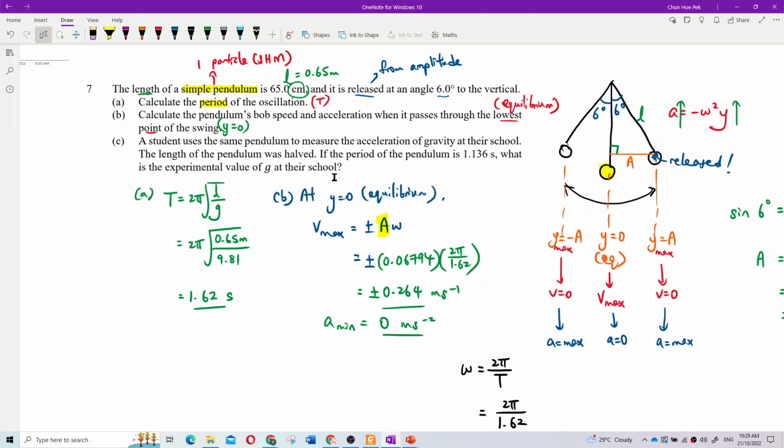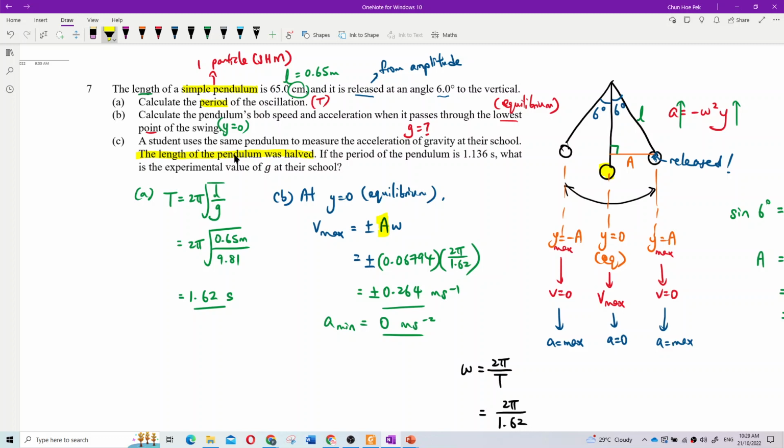So you want to find the value of G, yet it has this statement: the length of the pendulum is half. So why suddenly does he say the length of the pendulum is half?